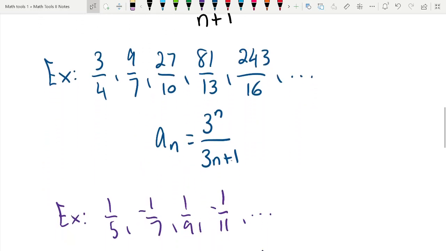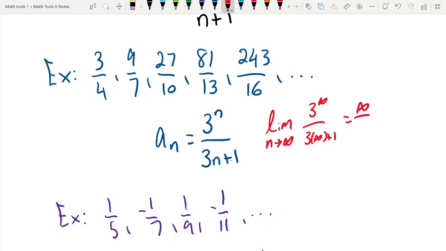This one right here, 3 to the n over 3n plus 1, we also would not be able to say is convergent. It might take a little bit of math to actually show this, and I guess we can actually do it. If we take the limit as n goes to infinity here, we would get 3 to the infinity over 3 infinity plus 1. So we get infinity over infinity.